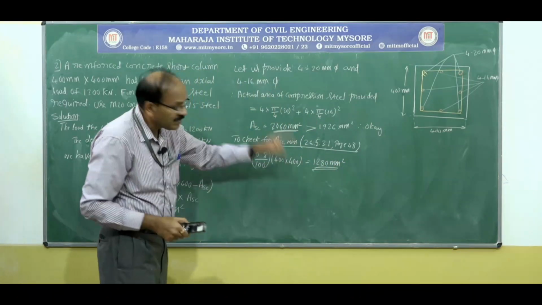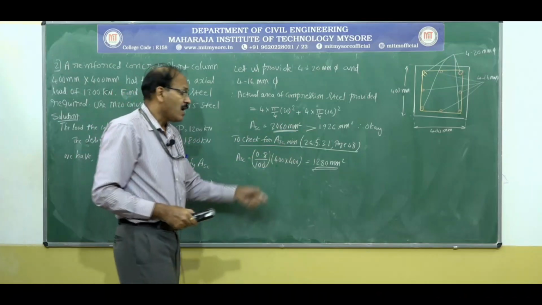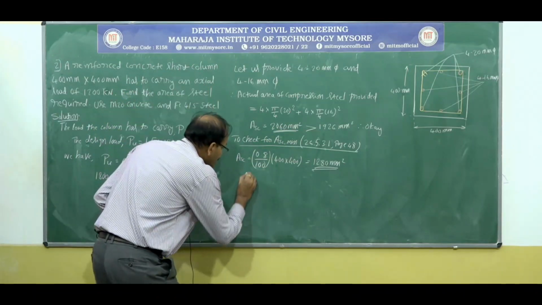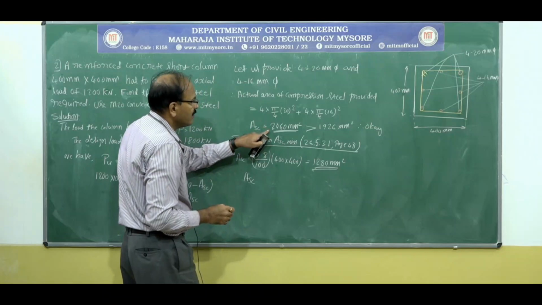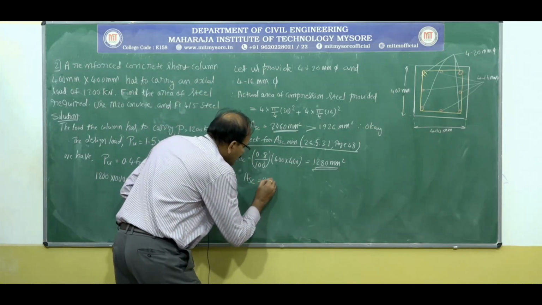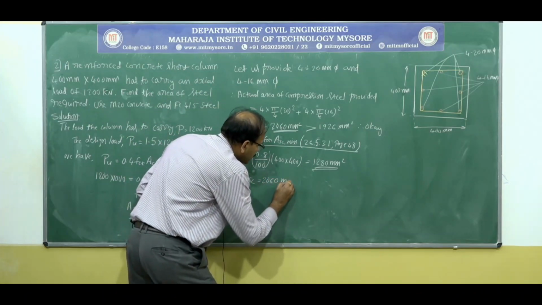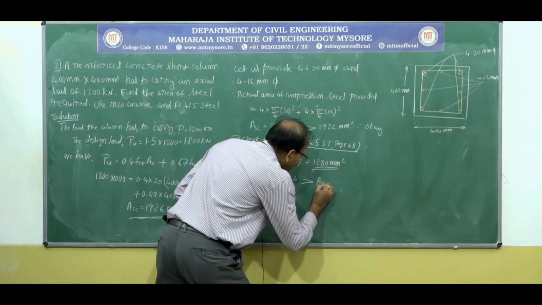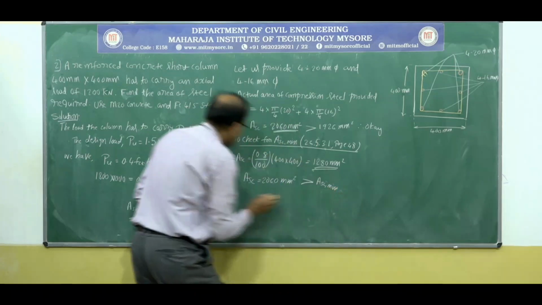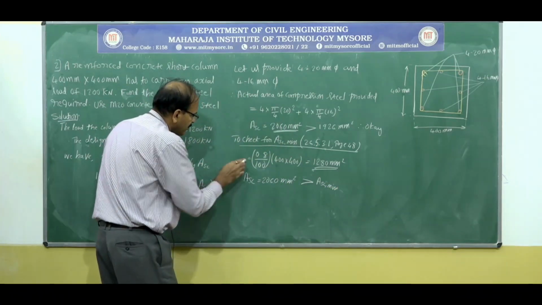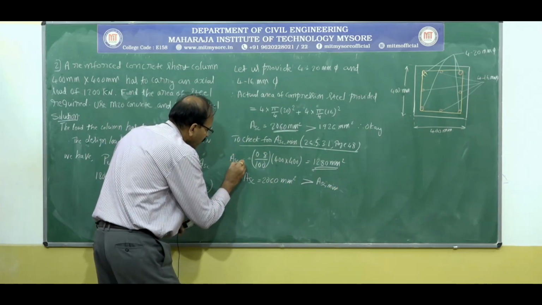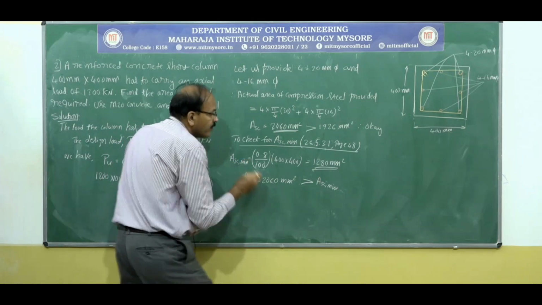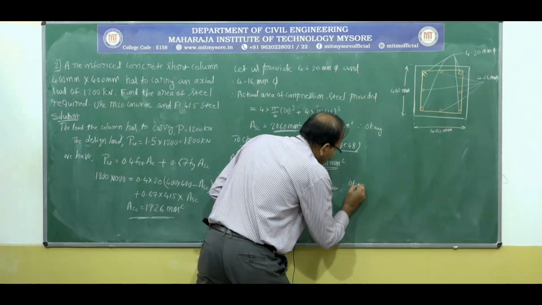This is the minimum area of steel required, and ASC provided is 2060 millimeter square, which is greater than ASC minimum. Therefore, okay.